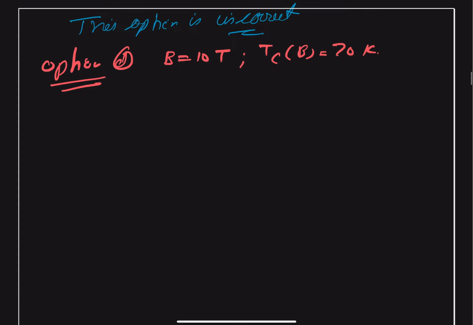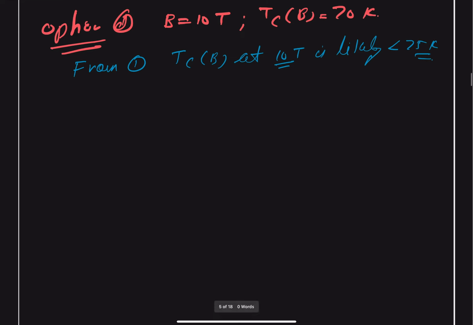Therefore, from 1, our TCB at 10 Tesla, which is the given value of the magnetic field in the option, is likely less than 75 Kelvin. Once again, we cannot definitely say that this condition will be true.